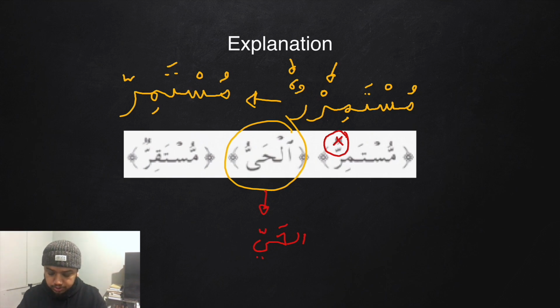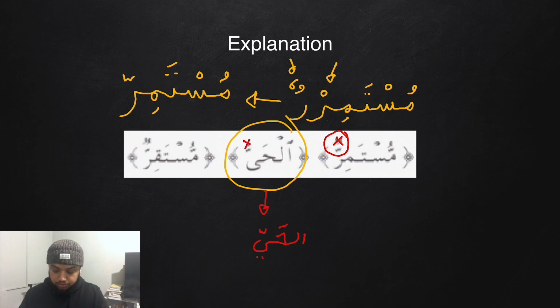I will remove the dhamma if I'm stopping on it, but I still need to show that there are 2 letters. So we do nabr, we raise the voice slightly, al-hayy. You'll notice on the ya, I'm raising my voice ever so slightly in order to show that I'm stopping on a mushaddada letter. Likewise, if we look at the third example, mustaqirrun.